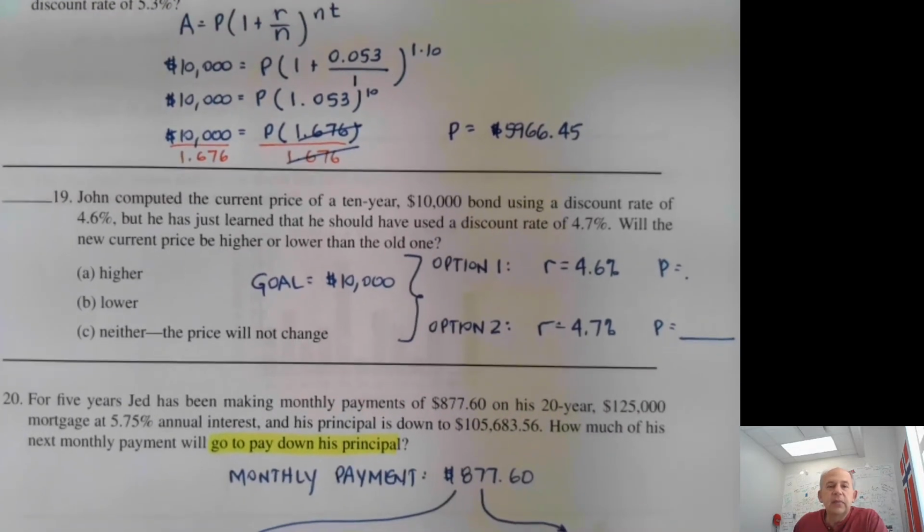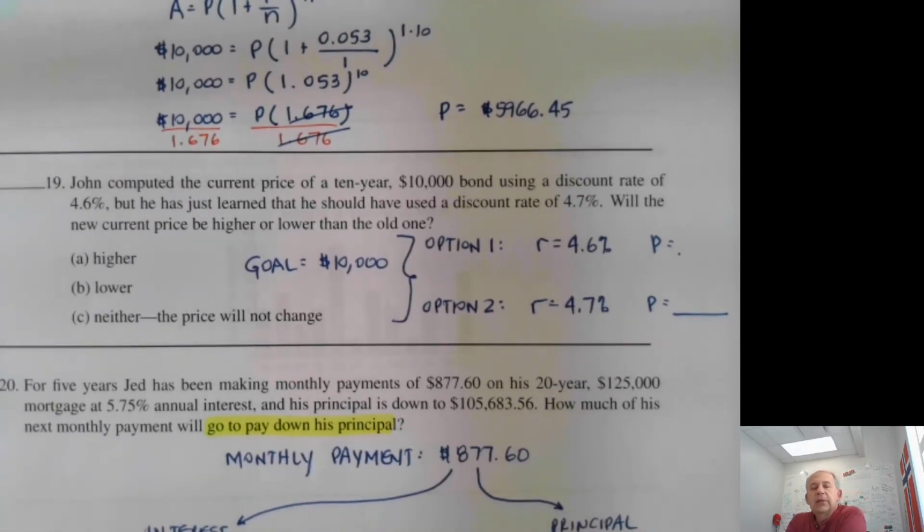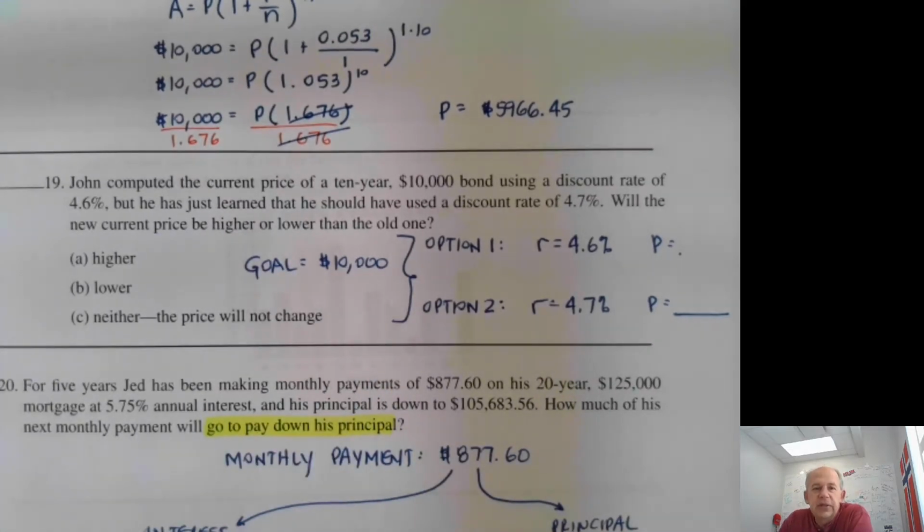Number 19, there's not any calculations to this problem. Let's take a look at this one. We have a person, John, that wants to have a goal of $10,000 in the future. He goes to a bank, and the bank offers an interest rate of 4.6%. And he's thinking, okay, I need a certain amount of money today to make that happen. He goes to another bank, and the bank says, we'll give you 4.7%.